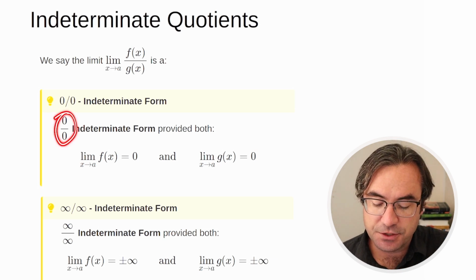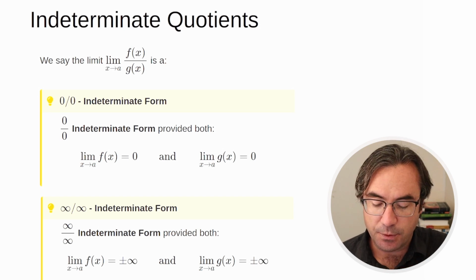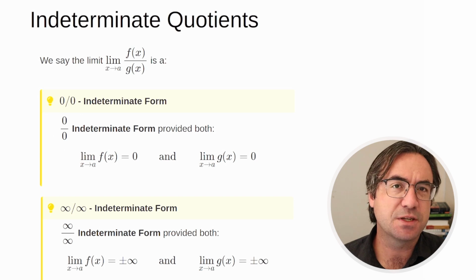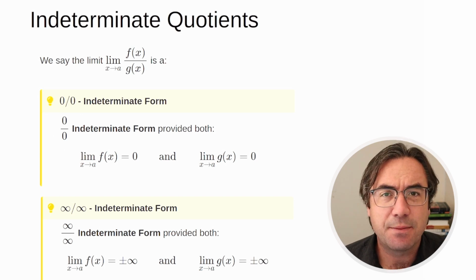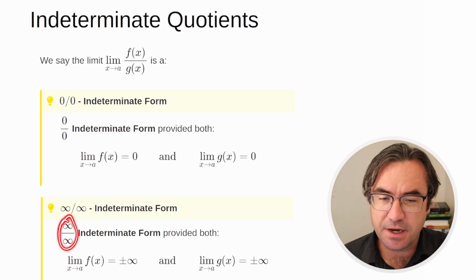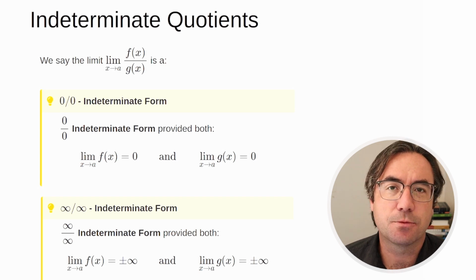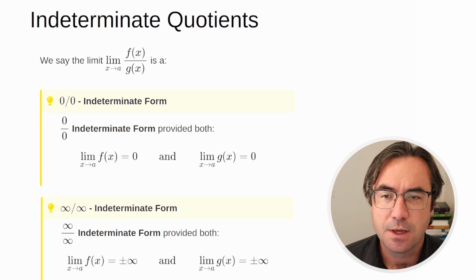For the 0 over 0 form, a lot of times we would do factoring and canceling. We would also do the conjugate method, common denominator, those are some common examples. And then for infinity over infinity, that was our x to the n method, where we divide each term in our fraction by the highest power of x in the denominator.